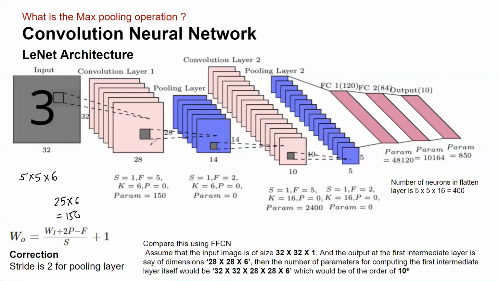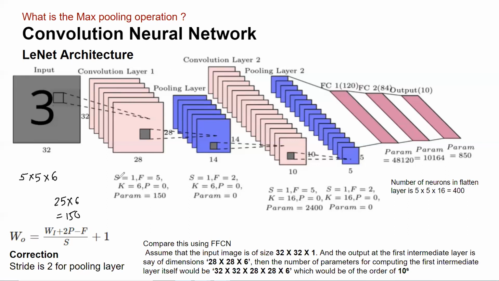But then you're reducing the dimension to 14, right? I haven't come to this part. I'm still at this part. At that layer you are applying the activation function, nonlinearity.